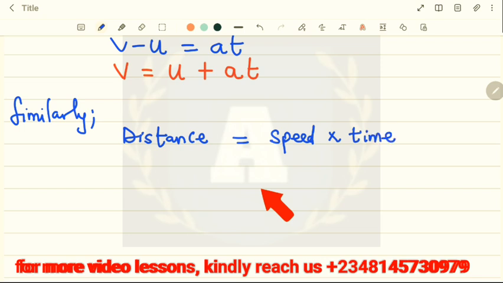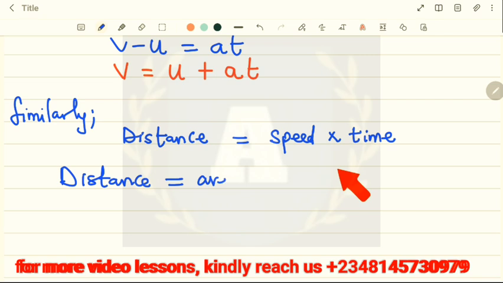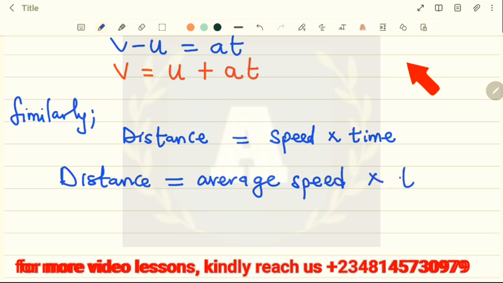Here the speed is the average speed, so distance will be equal to the average speed multiplied by time.